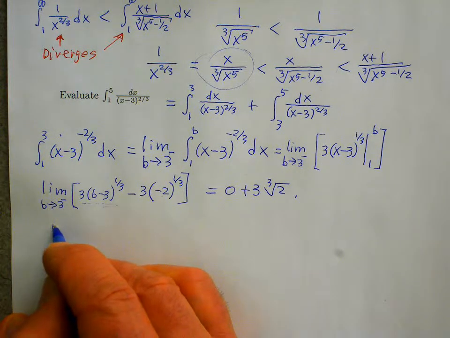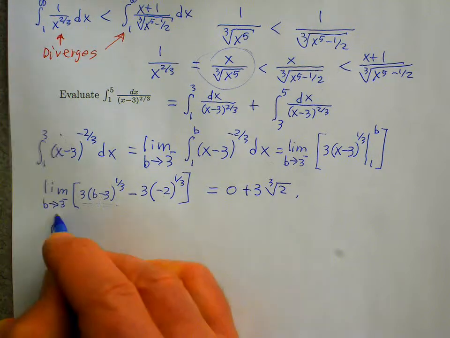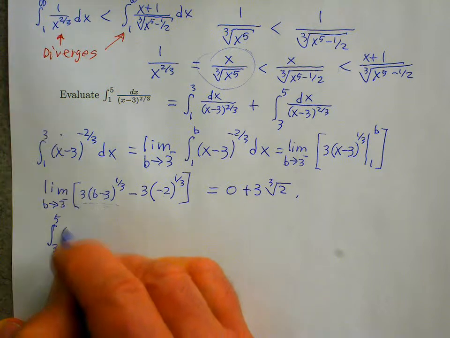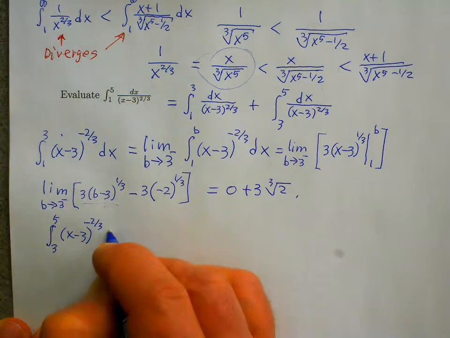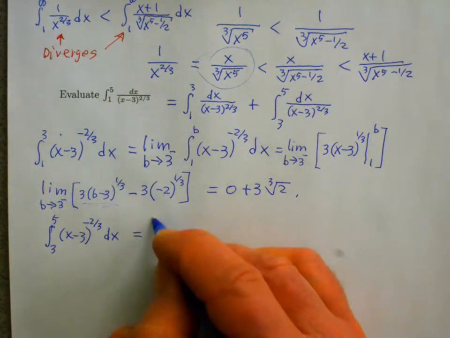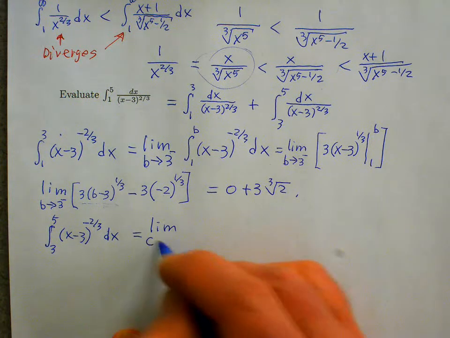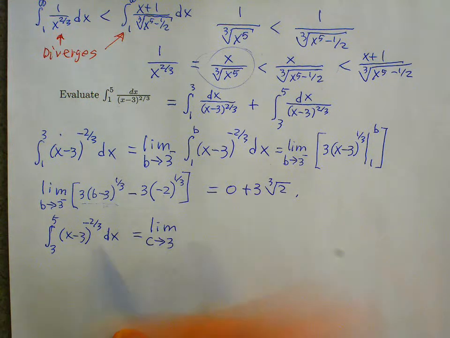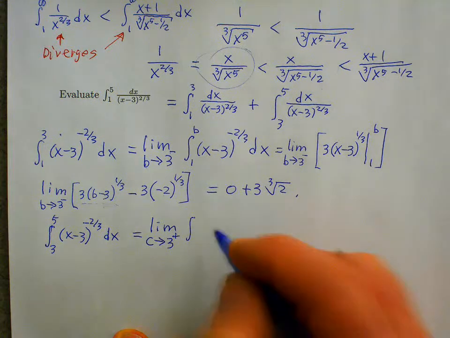So this one, the improper integral from 3 to 5 of x minus 3 to the negative 2/3 dx. This is also the limit. I'll use a different letter. c approaches 3 from above of this integral.